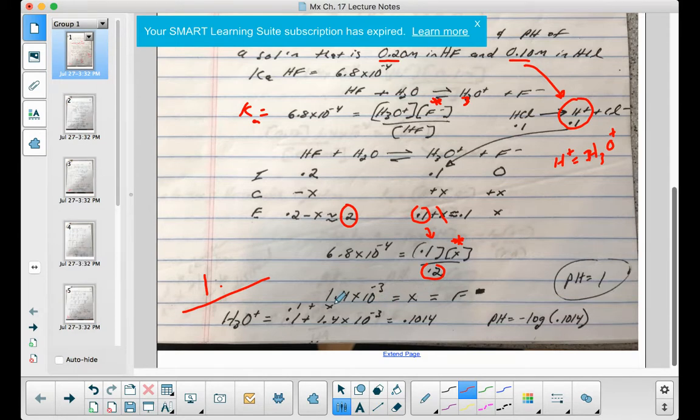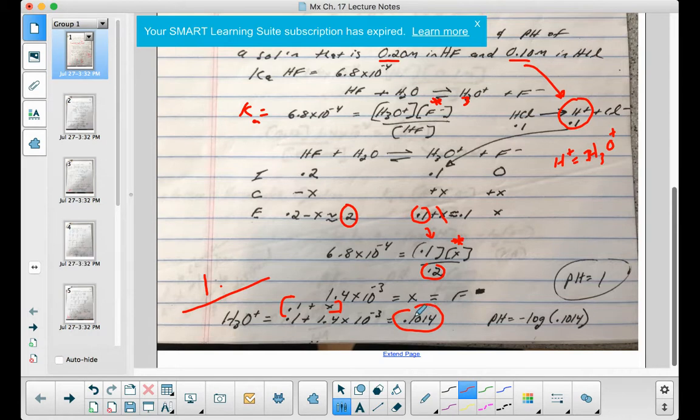So then what I do is I go down here and I say my hydronium ion was originally 0.1 because of the strong acid. Now I can add that x to it. You can say 0.1 plus 1.4 times 10 to the negative third gives me my hydronium ion concentration. It's not much more than the 0.1, but when you do a pH calculation, if you had to carry it out to 3 or 4 significant figures, it might make a difference.